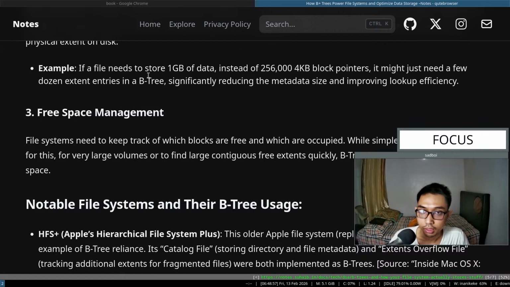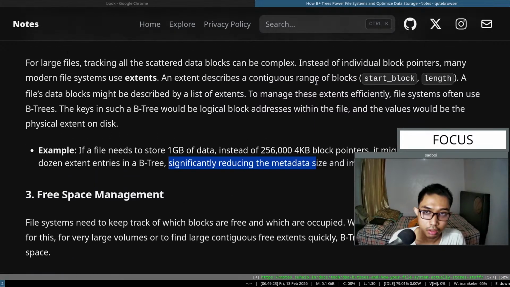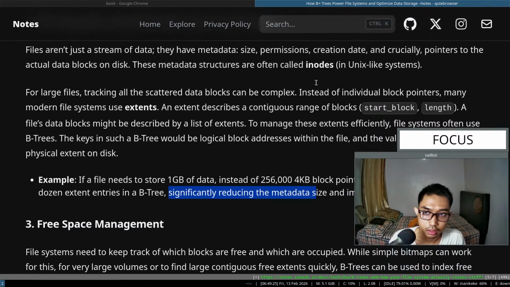For example, if a file needs to store 1 GB of data, instead of 256,000 4 kilobyte block pointers, it might just need a few dozen extent entries in a B-tree, significantly reducing the metadata and improving lookup efficiency.